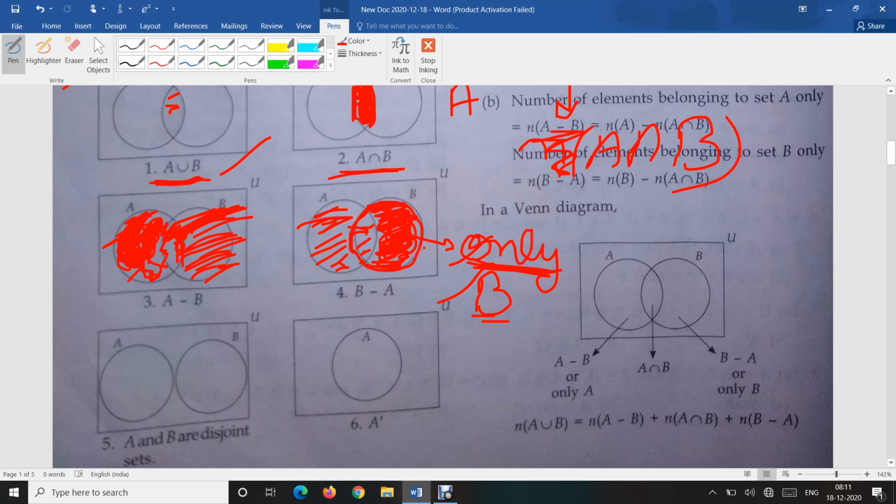Similarly, if you are talking about A minus B, then this is only A. If you are talking about set A, then you have to consider the whole circle of A. But if you are finding only A, then you have to remove the common portion of set A and set B. Then you can say that this portion excluded the common area.